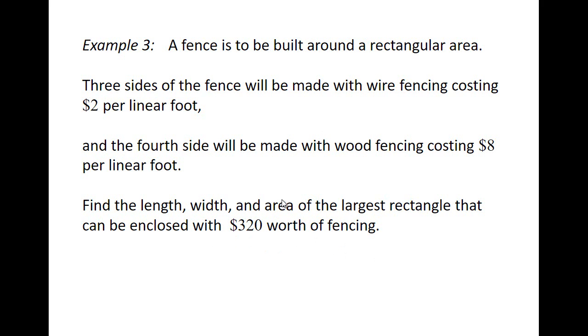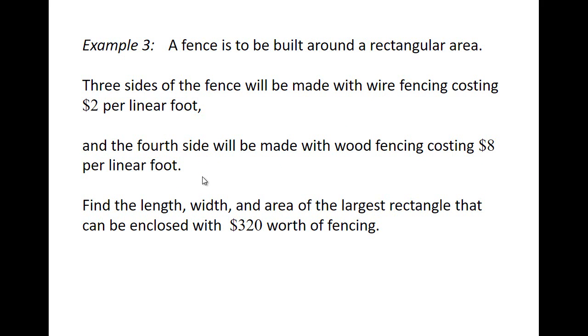So basically, we are given $320 only, and we have to use wire fencing on three sides, where each linear foot is $2, and the fourth side must be made with wood fencing with the cost of $8 per linear foot.